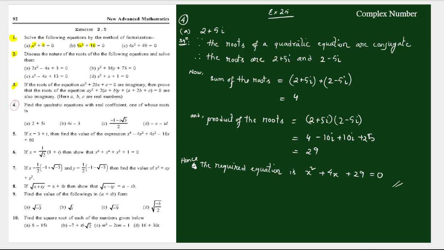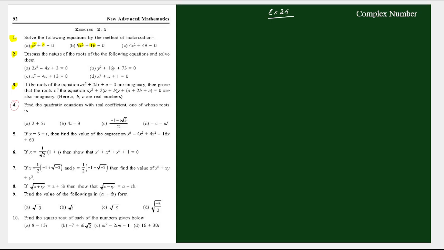Okay, number C, the conjugate of number C will be minus C plus ID. Okay, let me help you with number C. For C क्या है? -1 minus I root 3 by 2.